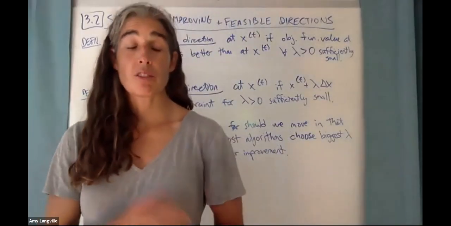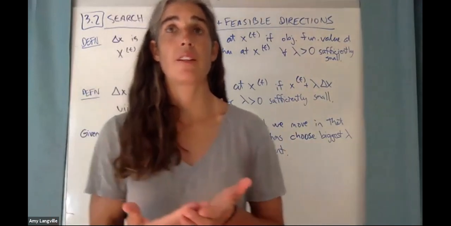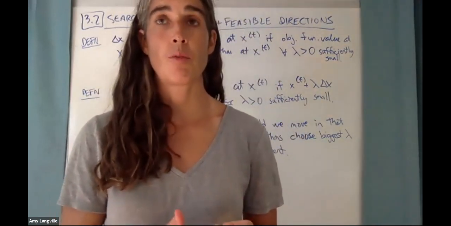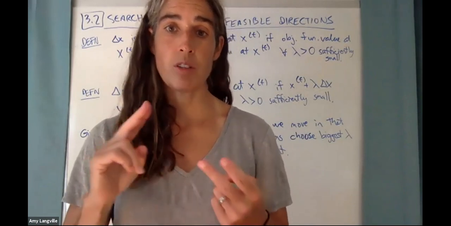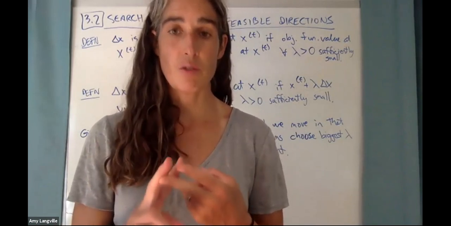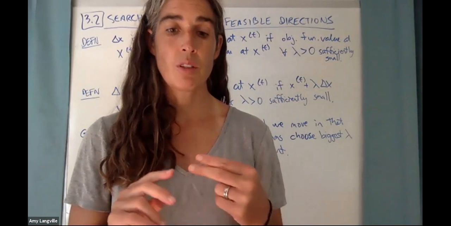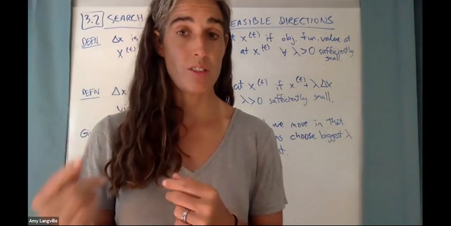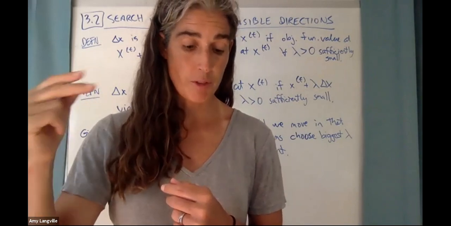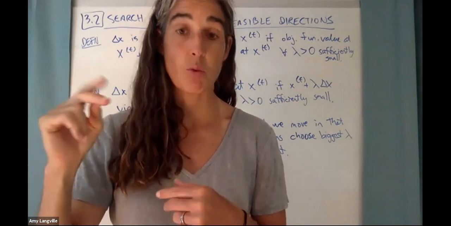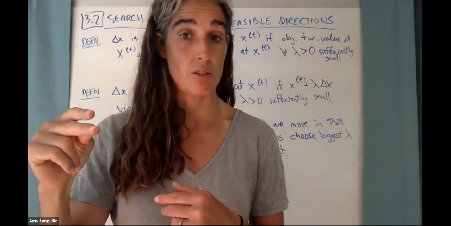Okay, so in our improving search algorithm, if we have an xt that is feasible, we need to figure out with our update rule what is the lambda and what is the delta x, our direction vector, that is going to be so that xt plus 1 is improving and feasible. So remember, feasibility always has to do with constraints. So we need xt plus 1 to satisfy the constraints.